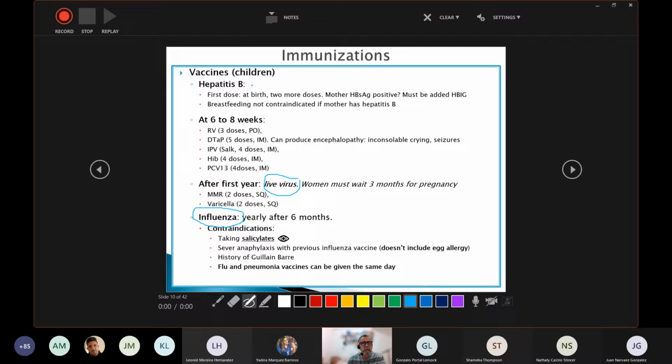Then, when the child is 2 months of age, 6 to 8 weeks, they visit the pediatrician to receive the second dose of hepatitis B and the first doses of all these.